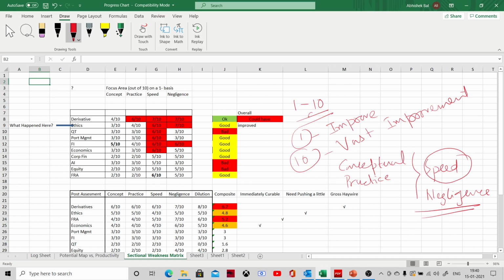For example, in my level 1, I never liked ethics, only to understand its relevance and importance when I came to my level 2 or level 3.